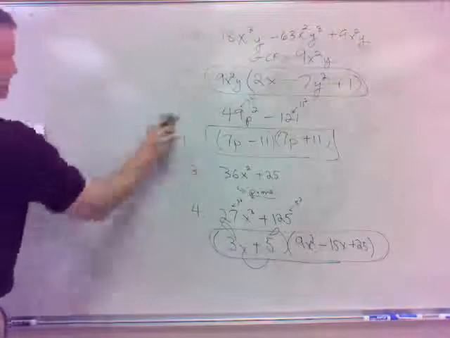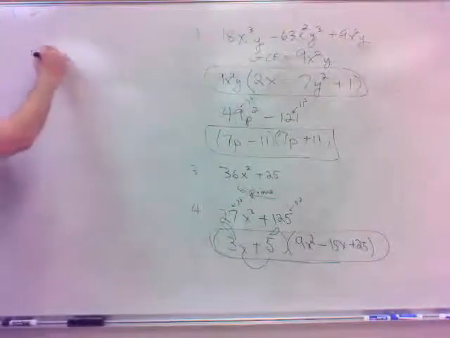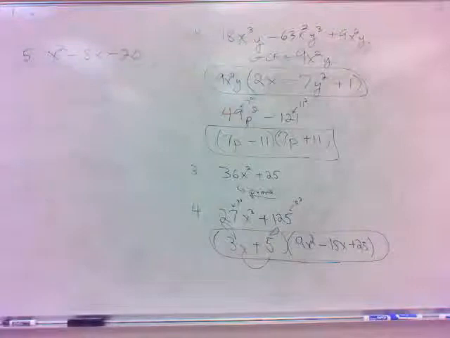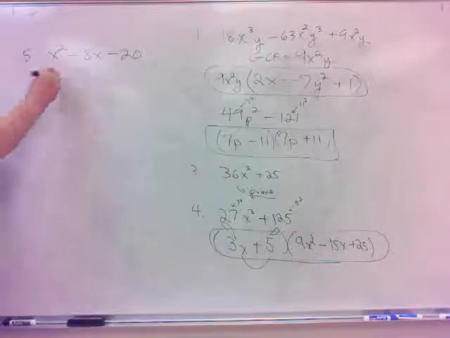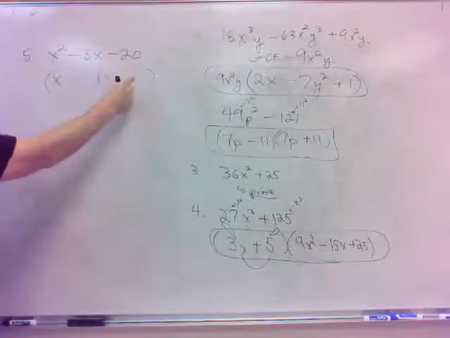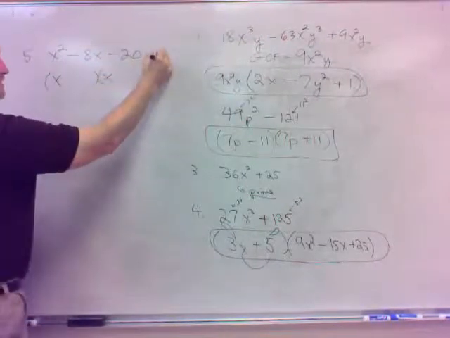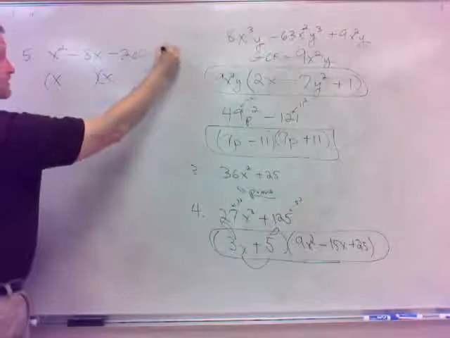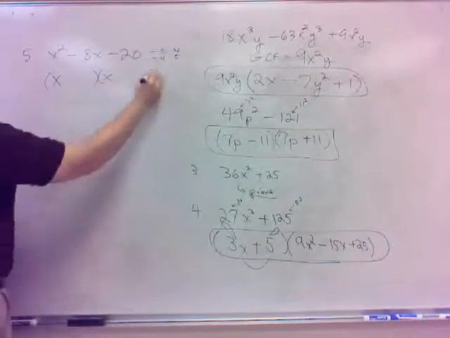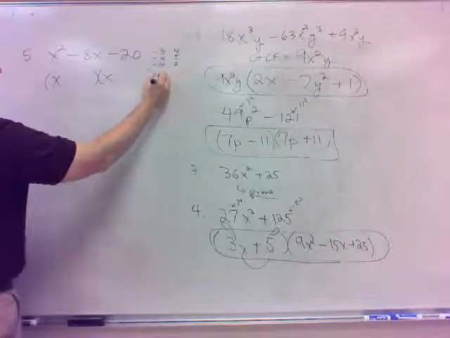Number 5. 5 is x squared minus 8x minus 20. No GCF, but it's a trinomial, so we're going to do our 2 binomial parentheses way, all right? And it's a nice just x squared one, so it's just x and x. Got minus 20, so one of them is minus: minus 5 and 4, minus 4 and 5, 10 and 2, minus 2 and 10.